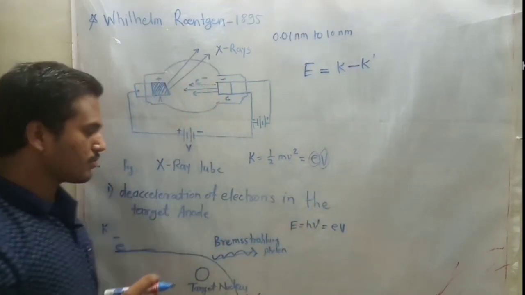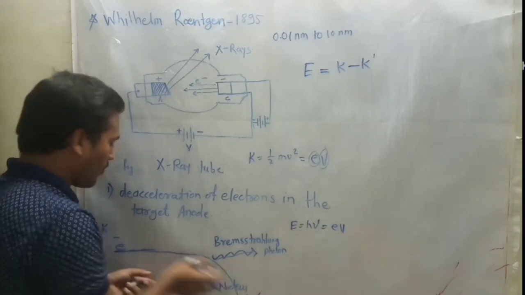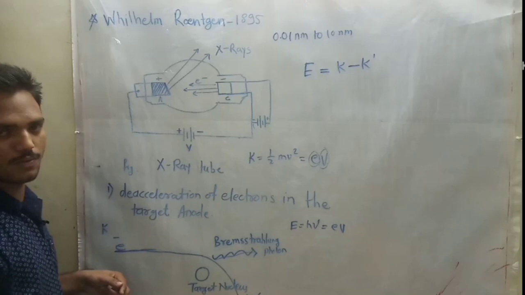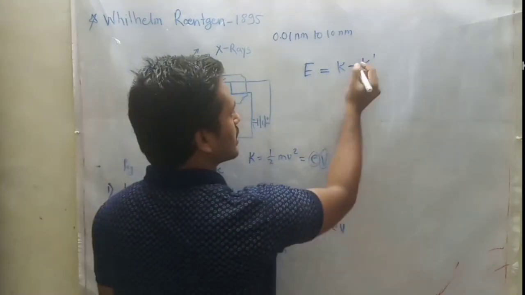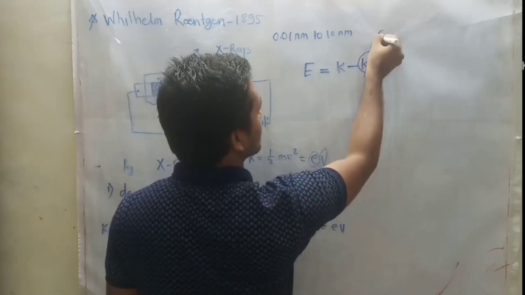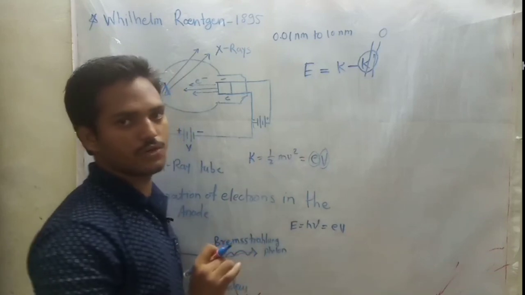If we consider that all of its kinetic energy is converted into this photon, then K dash becomes 0, because all the kinetic energy of the electrons is converted into photons.